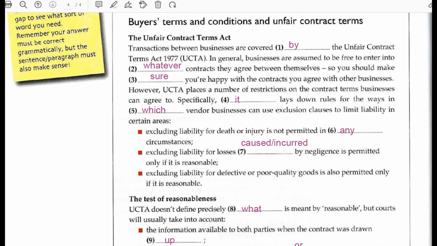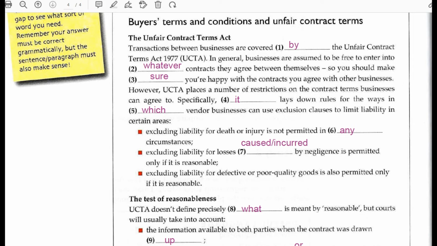The first paragraph: transactions between businesses are covered by, our phrasal verb, the Unfair Contract Terms Act 1977. UCTA is the abbreviation. In general, businesses are assumed to be free to enter into whatever contracts they agree between themselves.